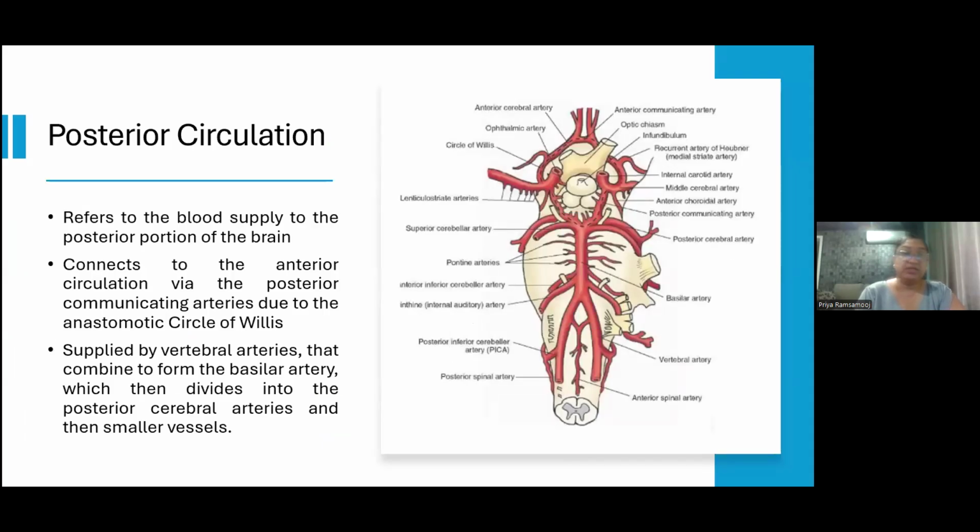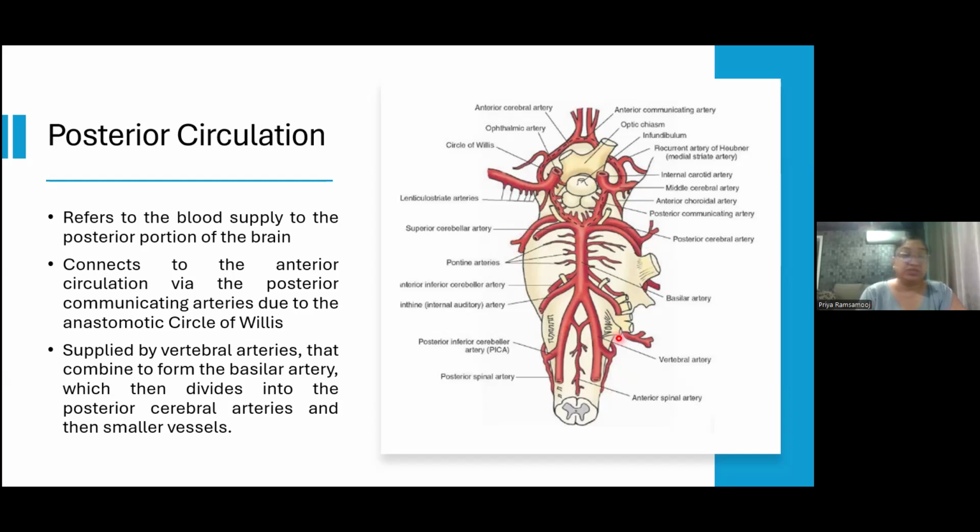So basically, this refers to the blood supply that supplies the posterior portion of the brain. It is supplied by the vertebral arteries that we see here. And like I would have mentioned, they combine to form the basilar artery and then they terminate into the posterior cerebral arteries that we see branch off on either side here. Of course, these are the main vessels, and you have smaller vessels supplying the posterior structures of the brain.